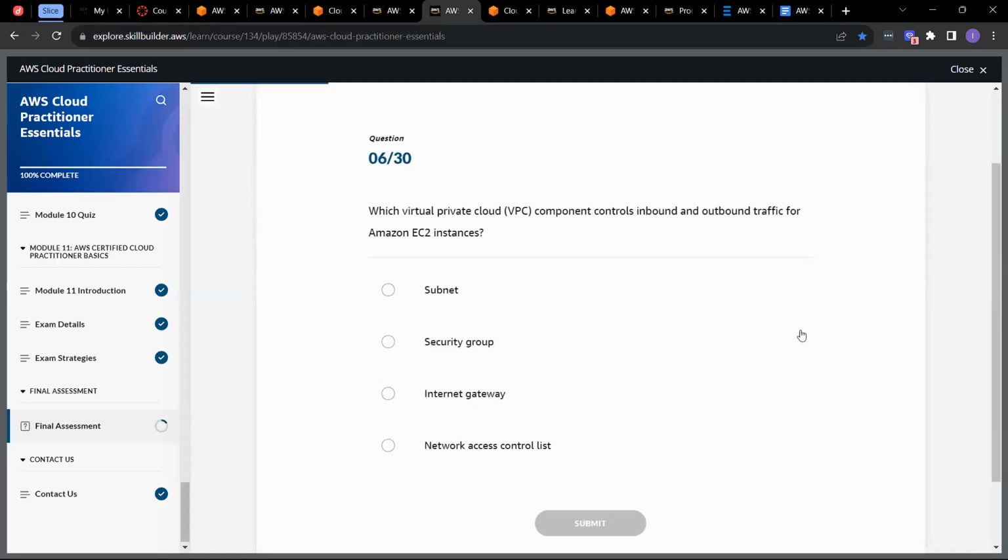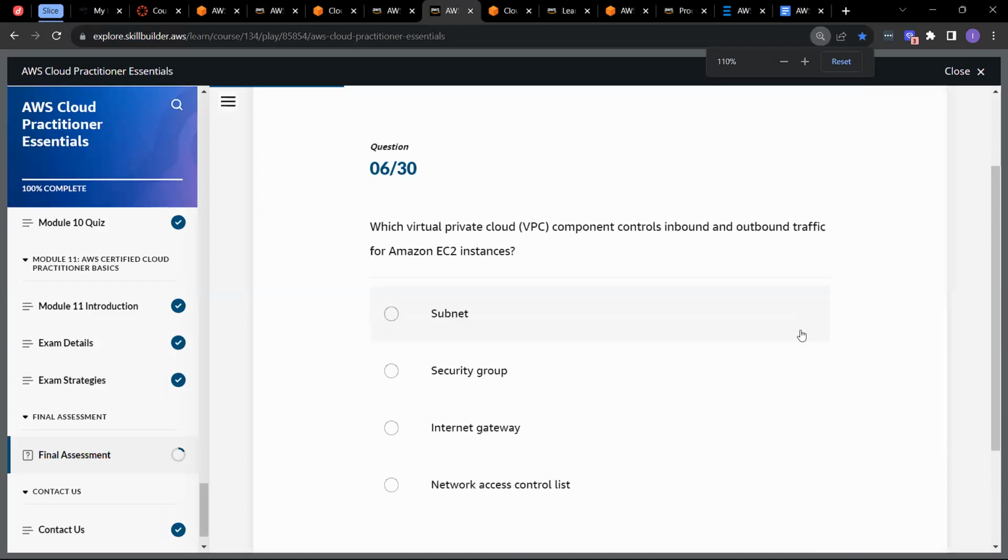Okay, let me increase the size. So with this one, the question says which VPC component controls inbound and outbound traffic?